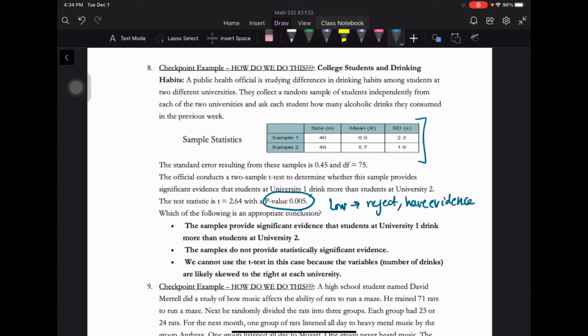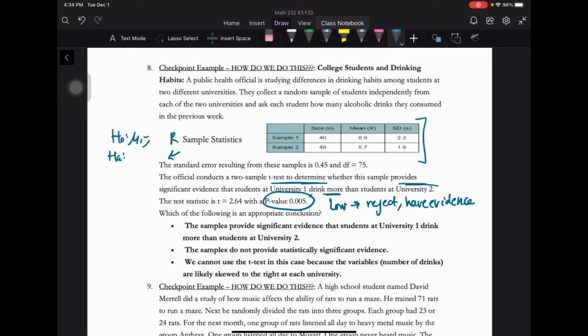The sample provides significant evidence that students at University 1 drink more than students at University 2. We have to look at what our null and our alternative hypothesis is. When you have your null and your alternative, we would be rejecting this and we would be saying there's evidence for this. They want to know whether students at University 1 drink more than students at University 2.